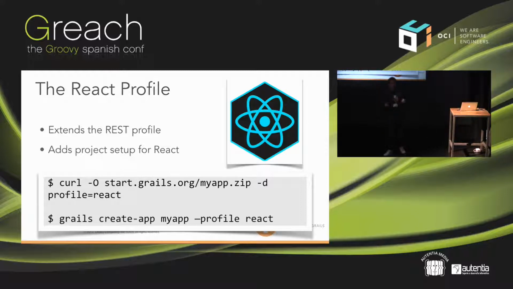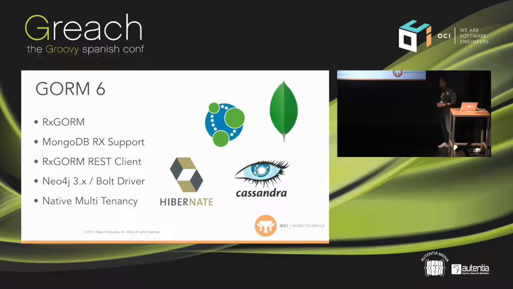And it does the same kind of thing where it will essentially set up a multi-project build with Webpack, with a client project, and a server project being a Grails application, do all the necessary pieces to bind those together, and get you productive with the two frameworks quickly and efficiently. So that's pretty cool.